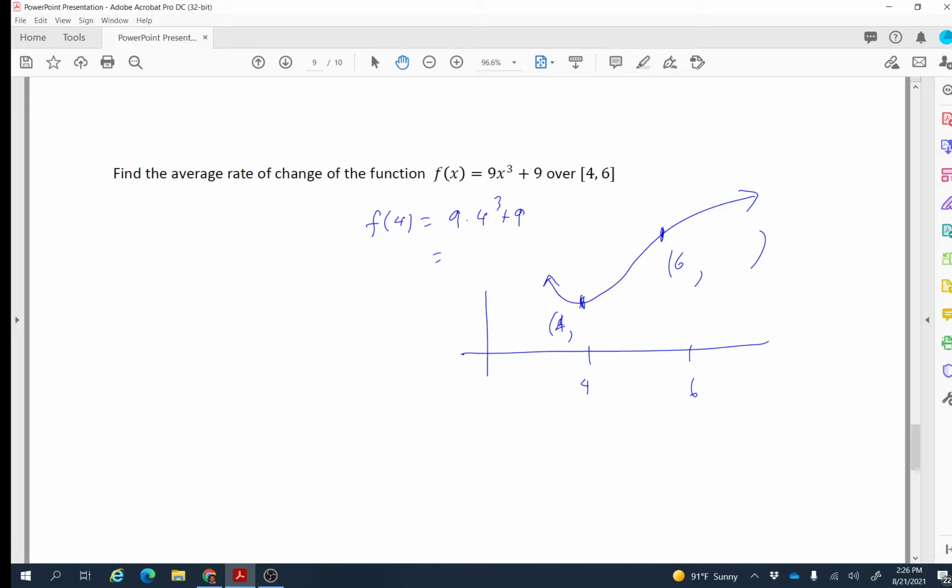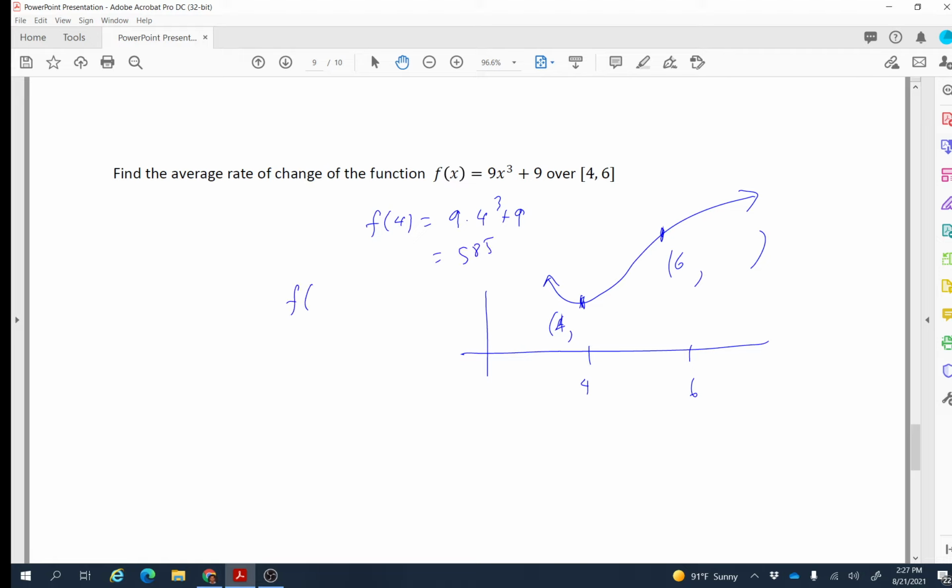If you do this math, just use a calculator, and I'm going to do the same thing here. So that is 585.